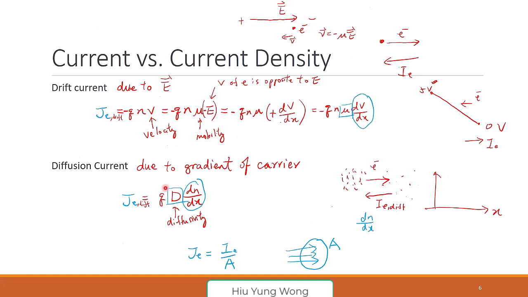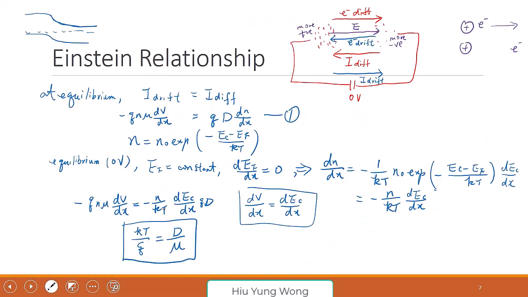We cannot see it from here, but the Einstein relationship tells us that diffusivity divided by mobility is kT over q. If the temperature is higher, the diffusion term is stronger. If you go to zero temperature, your mobility is much more important, so the drift current will dominate. If you are at a very high temperature, the diffusion component will dominate.